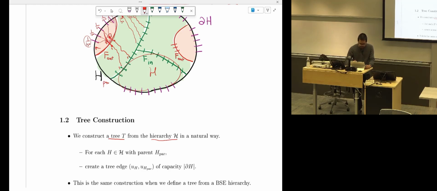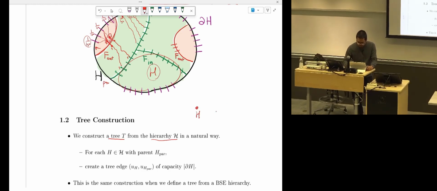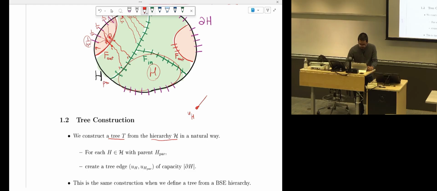So for each cluster H, we just create a tree node here, U_H, and connect it to the node corresponding to the parent cluster.